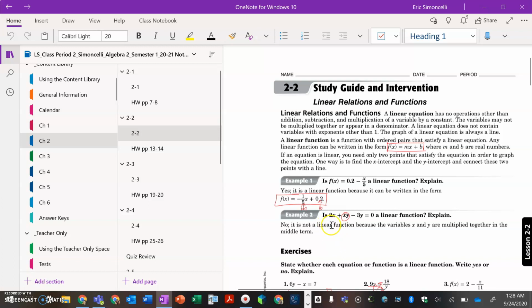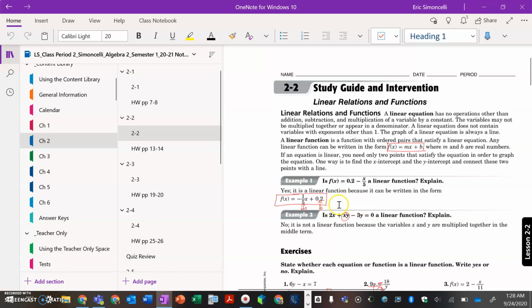Example 2, is 2x plus xy minus 3y equals 0 a linear function? And explain. Okay, so the answer here is no. It is not linear because the variables x and y are multiplied together. So if this particular equation didn't have an x and a y multiplied, if it were just 2x minus 3y equals 0, then the answer would be yes.